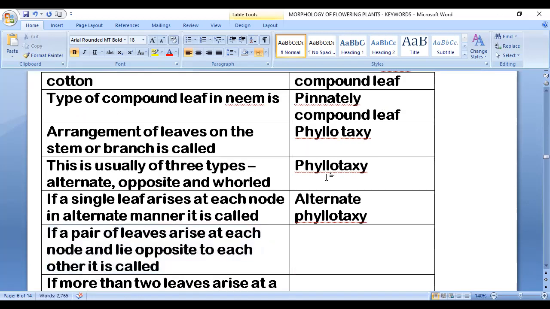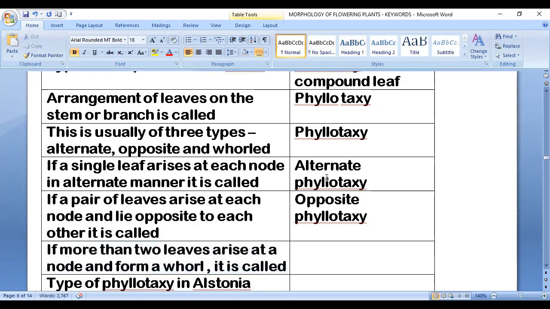If a pair of leaves arise at each node and lie opposite to each other, it is called opposite phyllotaxy. If more than two leaves arise at a node and form a whorl, it is called whorled phyllotaxy.